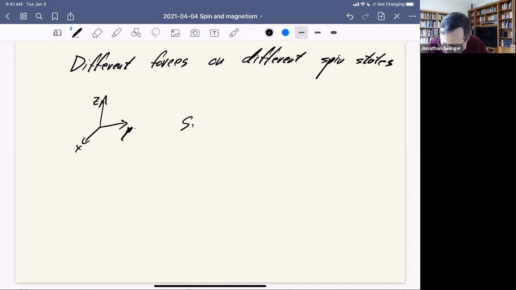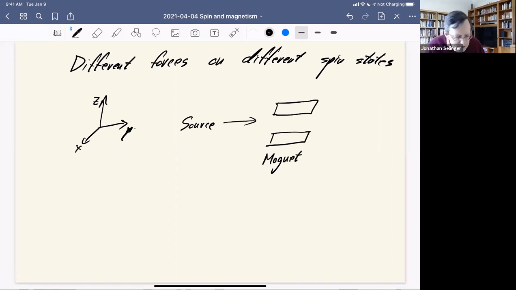So suppose you have a source of electrons and then there's some magnet here, which produces an inhomogeneous field, then that will make different forces on the electrons depending on their spin state.